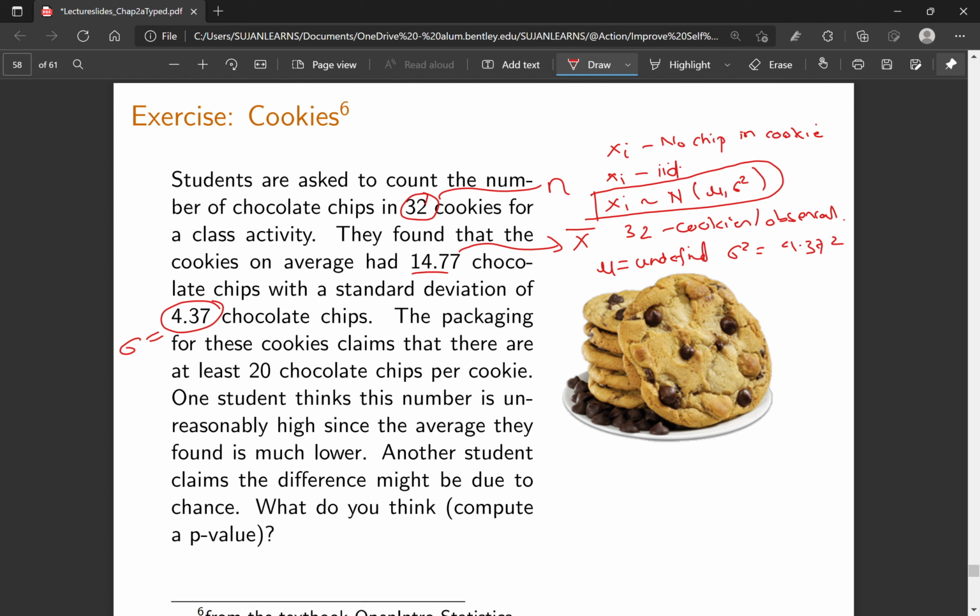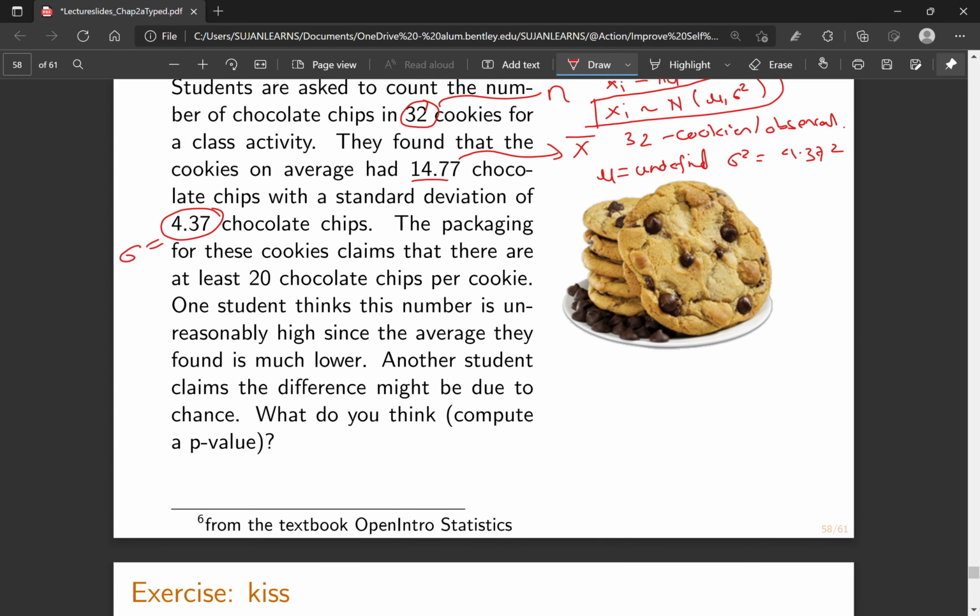Now we have to write a test or create hypotheses. What are the hypotheses? The null hypothesis is a baseline statement, or a benchmark statement.